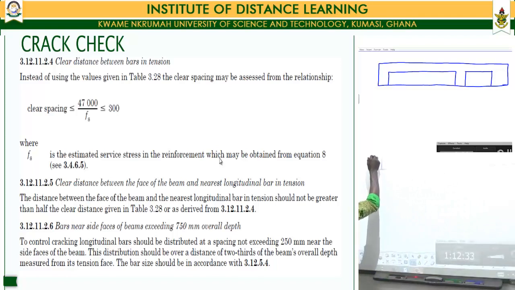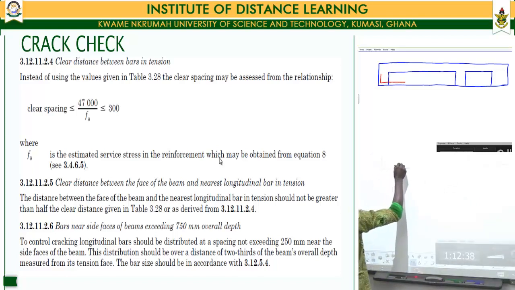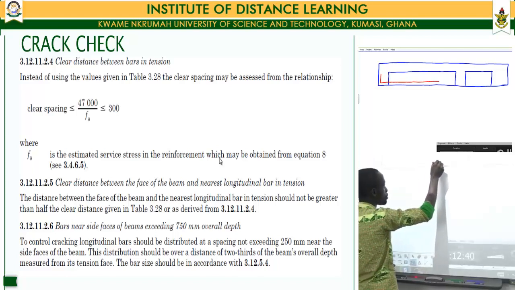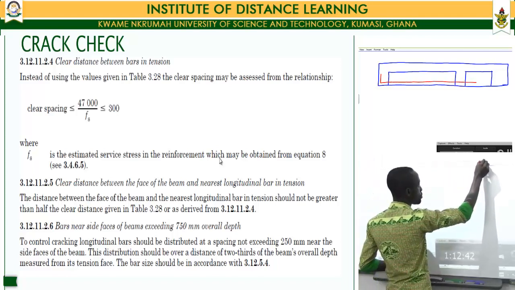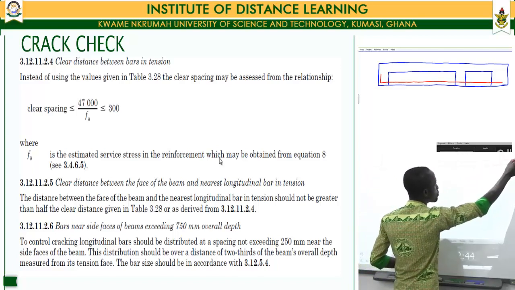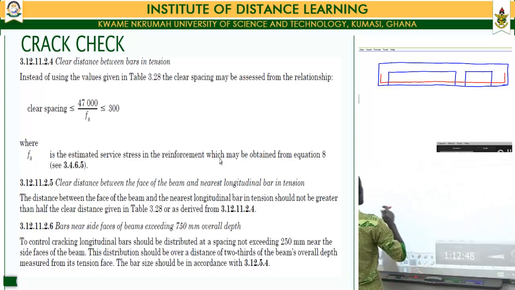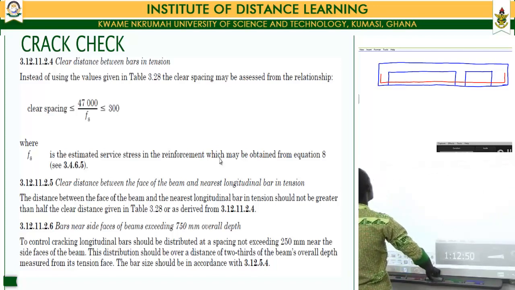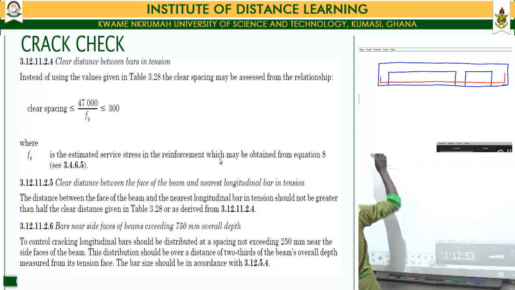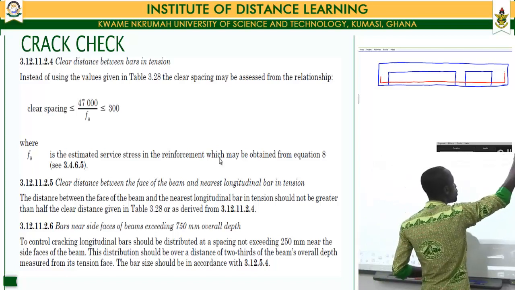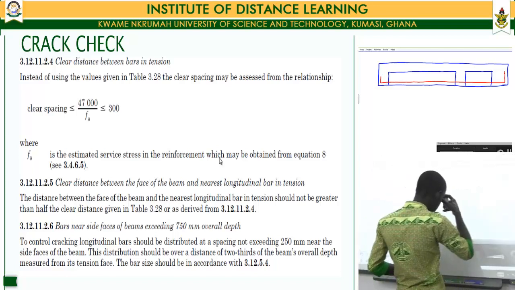Then our reinforcement, since the same amount of reinforcement we provided at all the sections, I have my reinforcement running through from one end all the way to the other end.